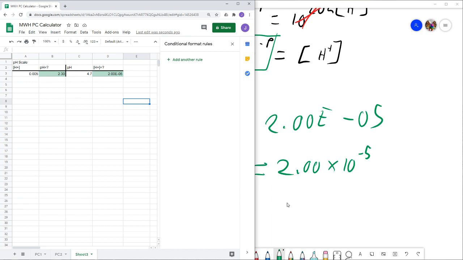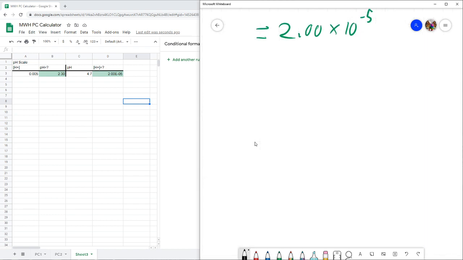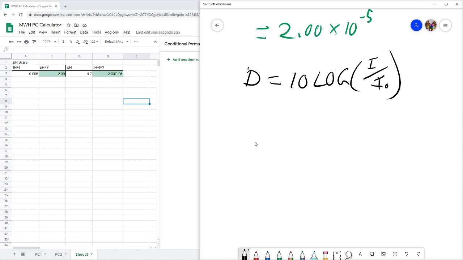So there's the pH scale, and we could do something similar for the decibel scale. So let's see, what was the decibel scale? We had our decibels was equal to 10 log of our intensity over our reference. So that's the decibel scale.